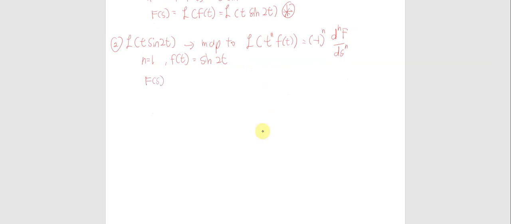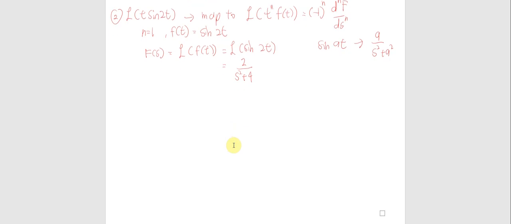Your F(s) is the Laplace transform of f(t), where f(t) is sin 2t. Based on the table, if sin at, then the Laplace transform is a over s² + a². So in this case, it is equal to 2 over s² + 4.